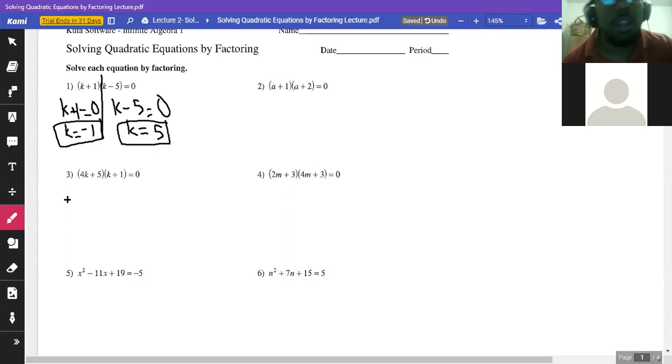All right, and number 3, again, they've already done the hard part for us. I just have to set each of these equal to 0. Because if either 4k plus 5 is equal to 0 or k plus 1 is equal to 0, I know that my whole equation will be equal to 0.